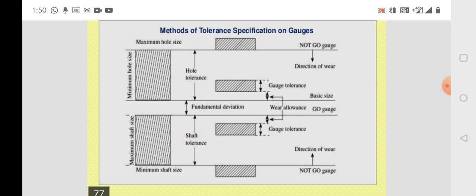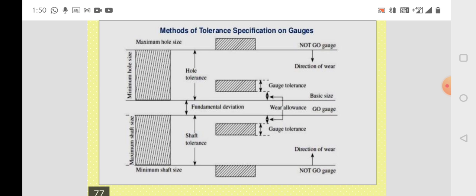Wear allowance is again 10% of the gauge tolerance. म्हणजे 0.50 if it is work tolerance, then 0.05 will be gauge tolerance and 0.005 will be the wear tolerance. So in this manner the wear allowance is given, and this is for go gauge for the hole and this is no go gauge for the hole.